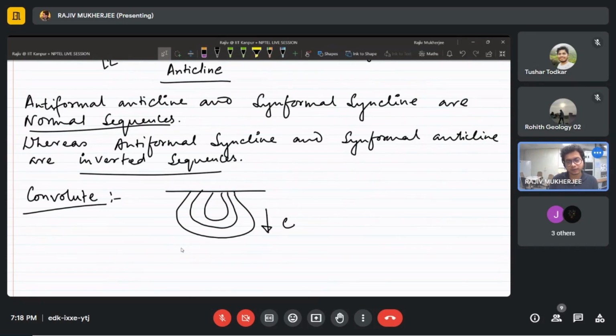So convex down, this is the bottom side and this is the top side. This is the water interface during the formation. Sorry, this is the sediment water interface.